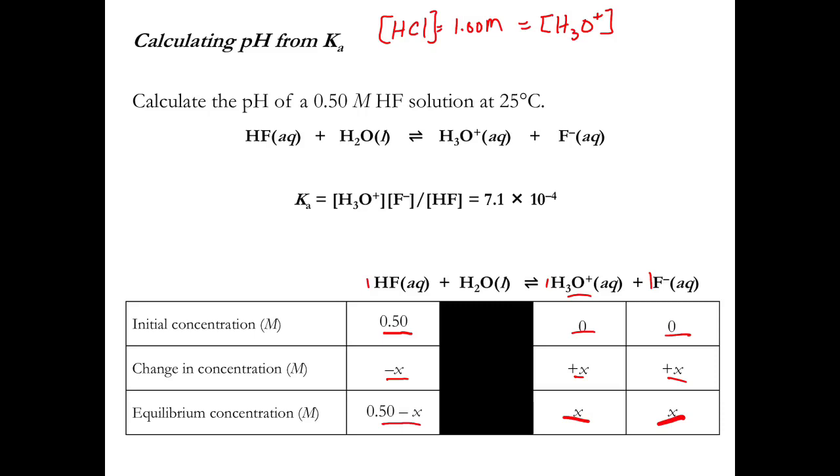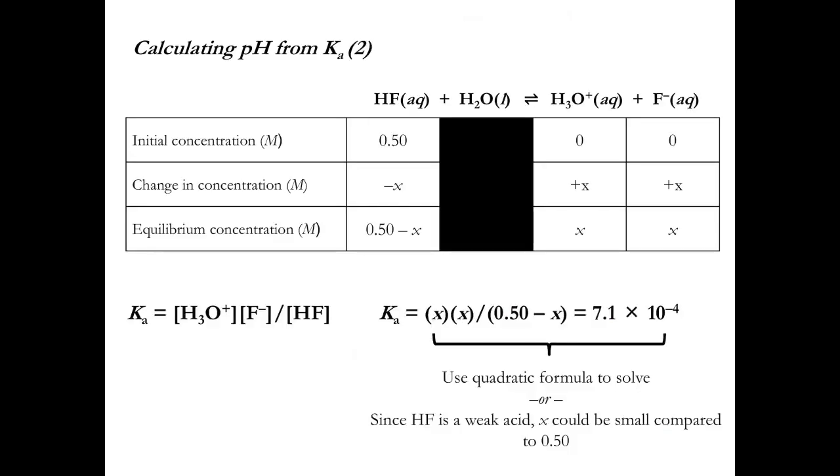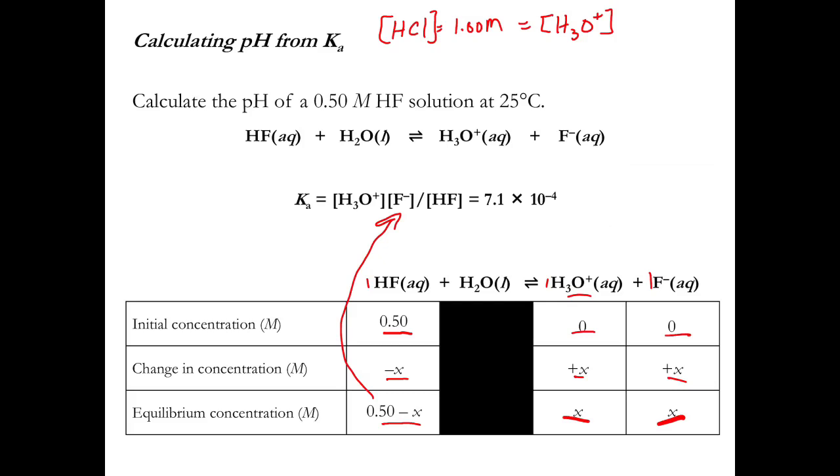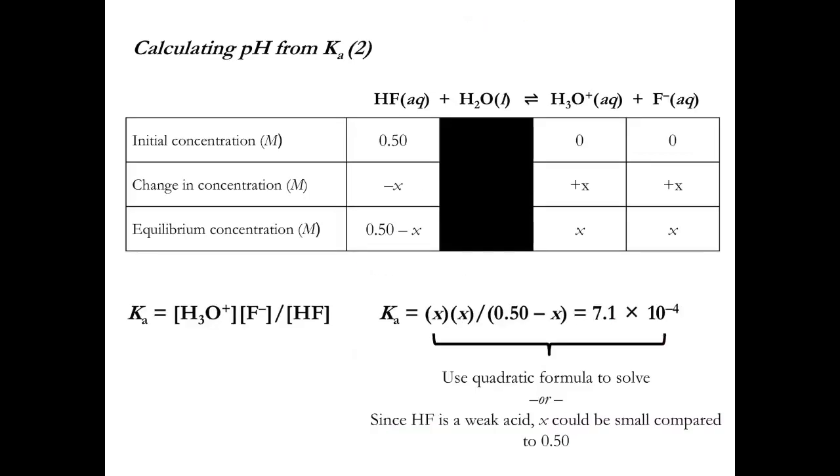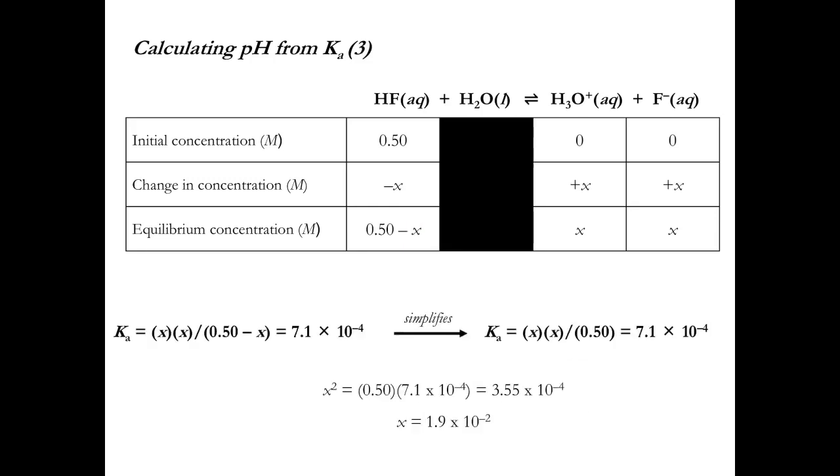Hopefully you guys are good enough at equilibrium calculations to already be able to set a problem up like that by yourselves. So then we just have to plug those equilibrium concentrations into our equilibrium expression. And we can probably assume that because HF has a very small value for its Ka, 7.1 times 10 to the minus 4, let's go ahead and make the assumption that 0.5 minus X is approximately equal to 0.5.